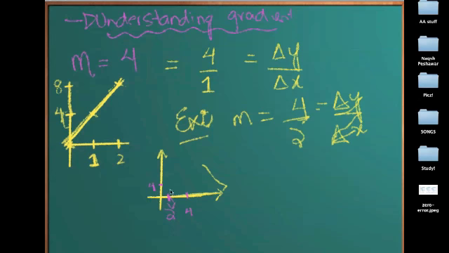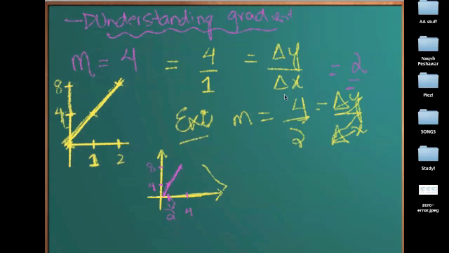For another 2, this would cover another 4 if it starts from 0. So the line would be something like this. So you know that 4 over 2 is 2. Simply 4 divided by 2 is 2.